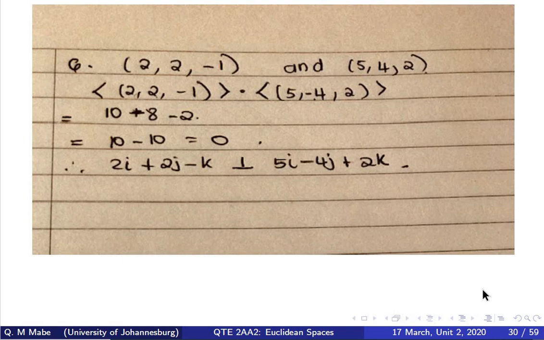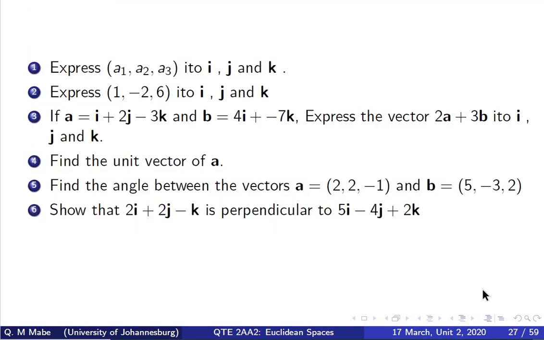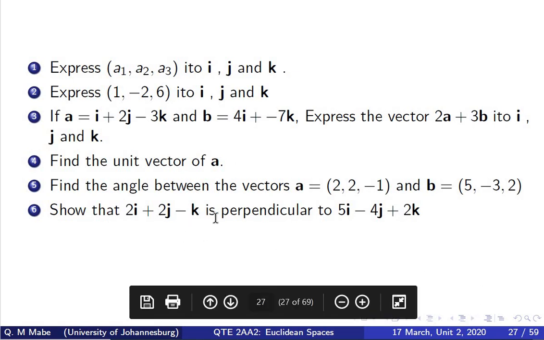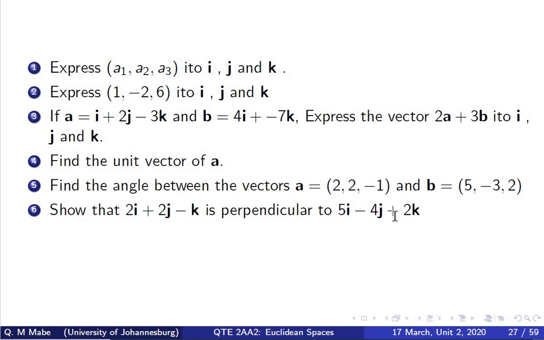And I recall number 6 was, let's just go back. In number 6, we need to show that 2i plus 2j minus k is perpendicular to 5i minus 4j plus 2k. But you need to remember that two vectors are perpendicular when the dot product is equal to 0. So what we need to do in number 6 is just find the dot product of these two vectors.